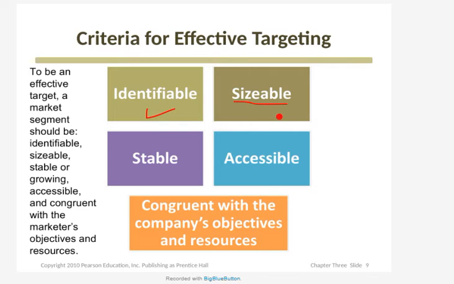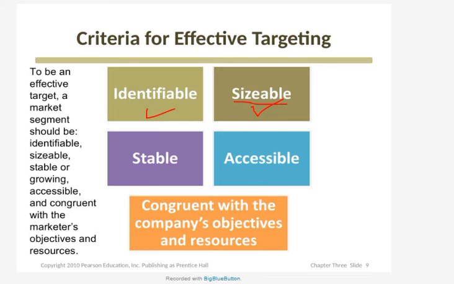When I choose a segment I want to target, it must be a big number, because I want to sell a lot. So they must be sizable. Exactly, Ahmed. Large enough. And there is nothing bigger than children.